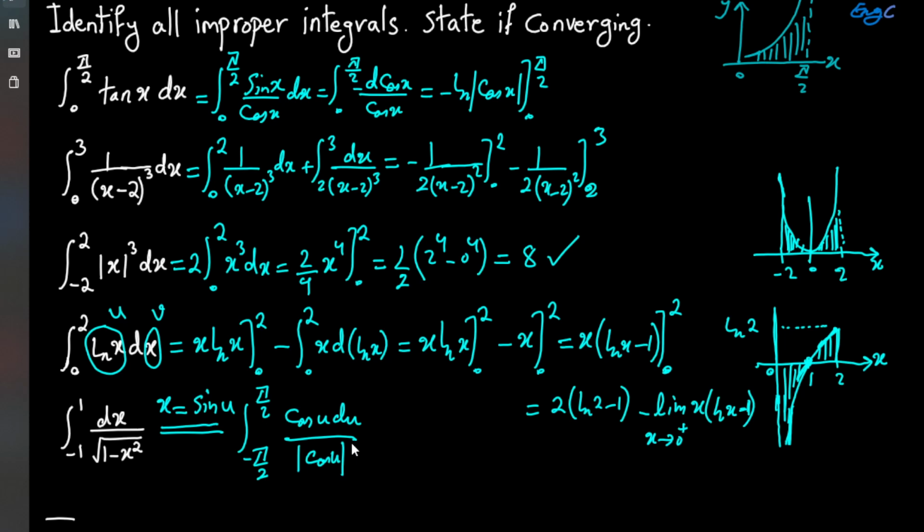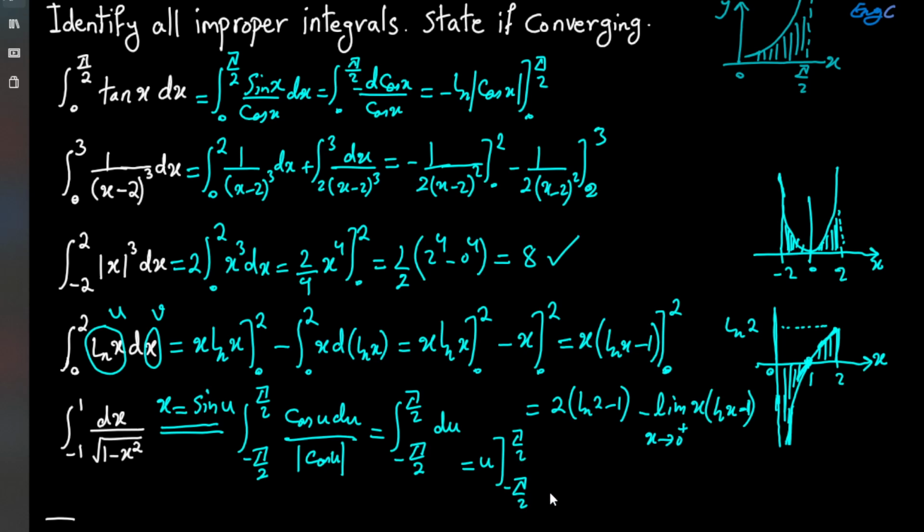Therefore, I can get rid of the absolute value, and that becomes cosine of u over cosine of u, which gives me the integral from negative pi over 2 to pi over 2 of du, and as a result, I just have u from negative pi over 2 to pi over 2.